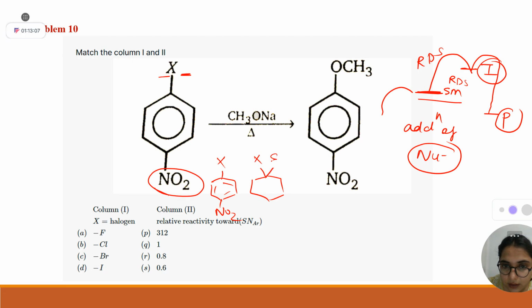Electrophile is here. Negative charge is here. The role of this is as a leaving group. Now tell me the answer. I have given you enough hint. It is asking reactivity towards SNAr.